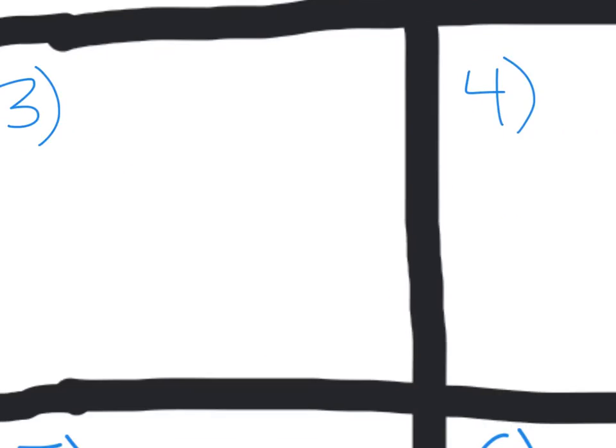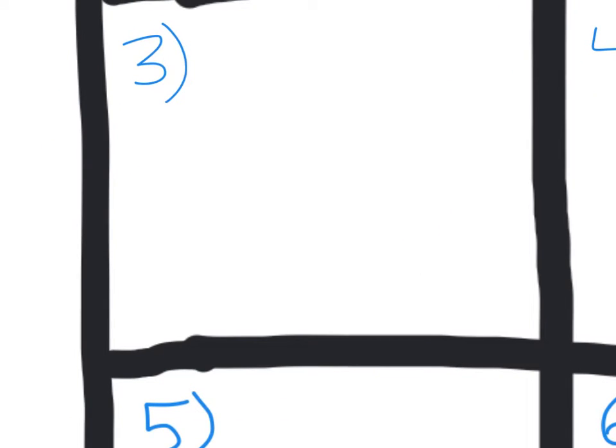Okay, number 3. 6 years less than Tracy's age. Okay, so we've got that word less than again. I just want to be very intentional about this. So less than, that means subtraction.